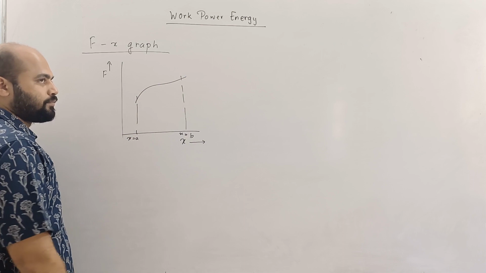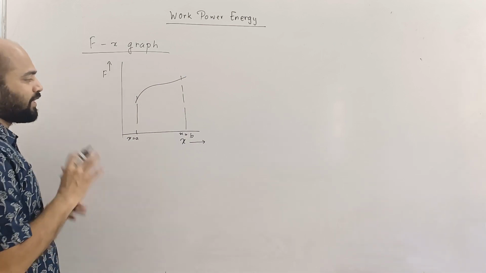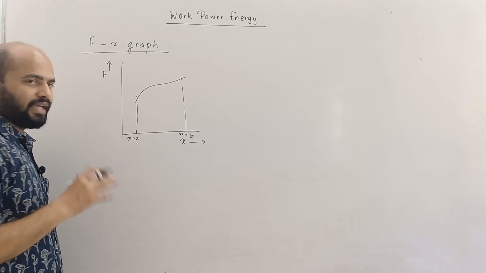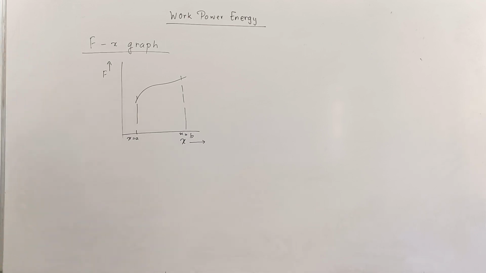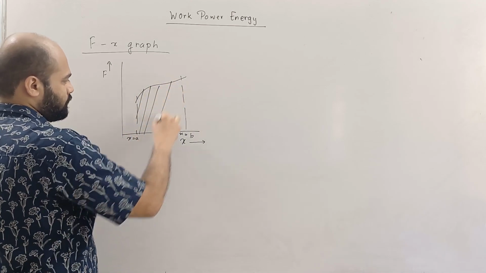If I have to find some data out of this, it has to be either some area or slope. In this case, we're going to use the area. Now, why area?